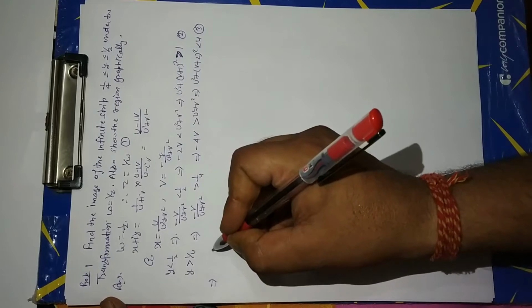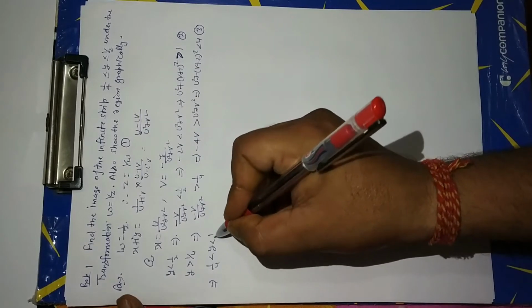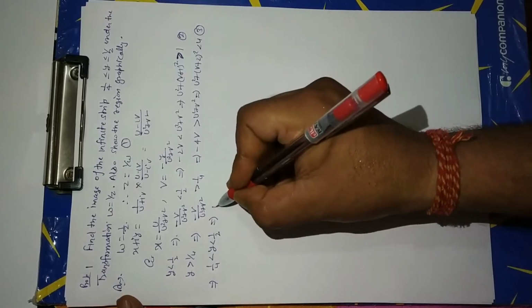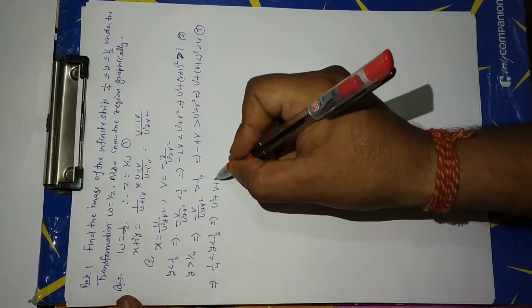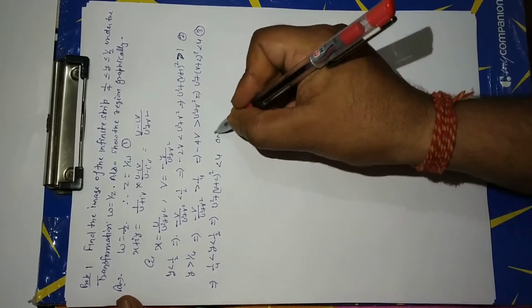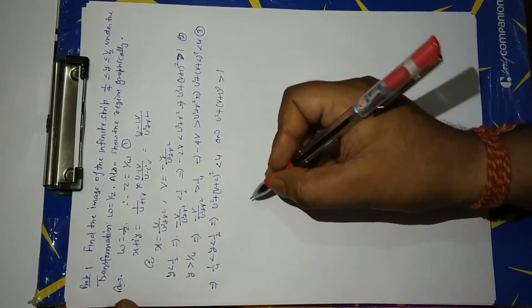Therefore we can write y between 1 upon 4 and 1 upon 2, which implies that u square plus v plus 2 whole square less than 4 and u square plus v plus 1 whole square greater than 1.